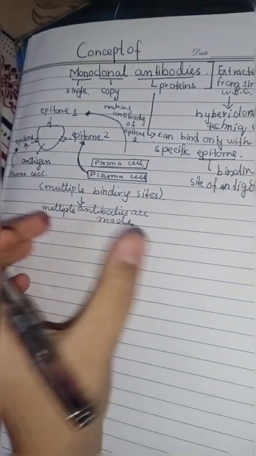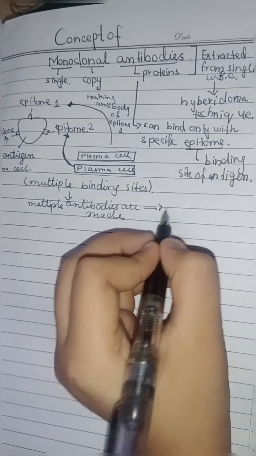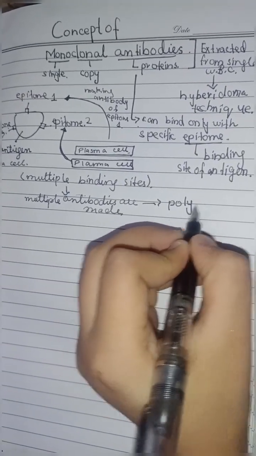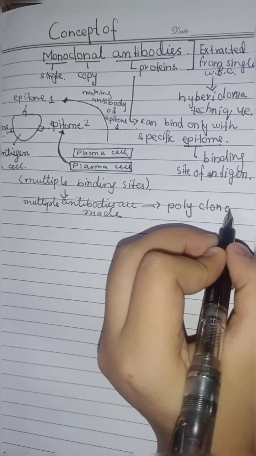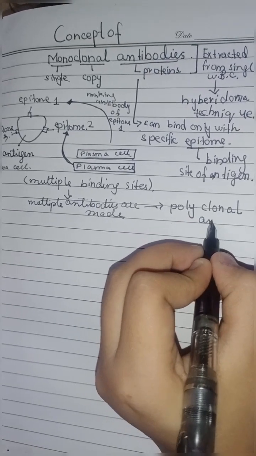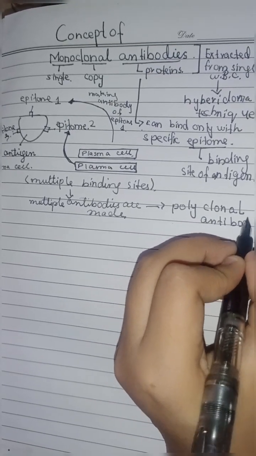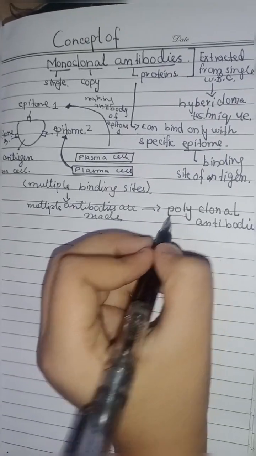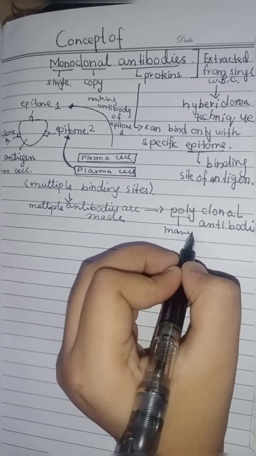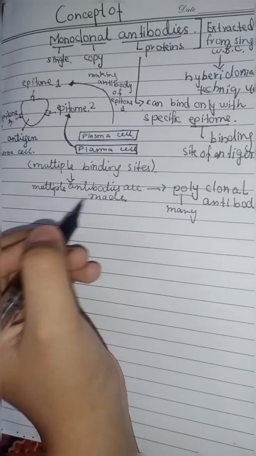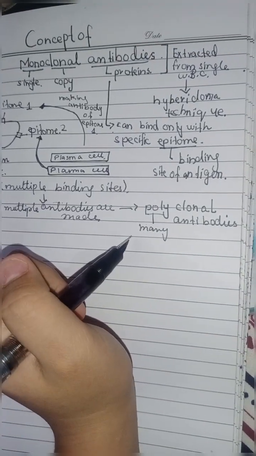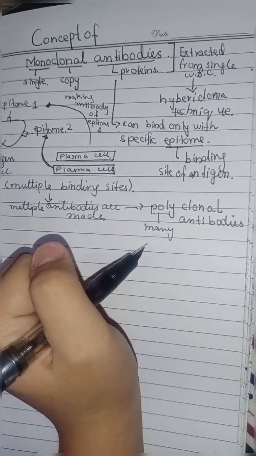These multiple antibodies are known as polyclonal antibodies. Poly means many, so many antibodies are made. This is known as a polyclonal antibody.